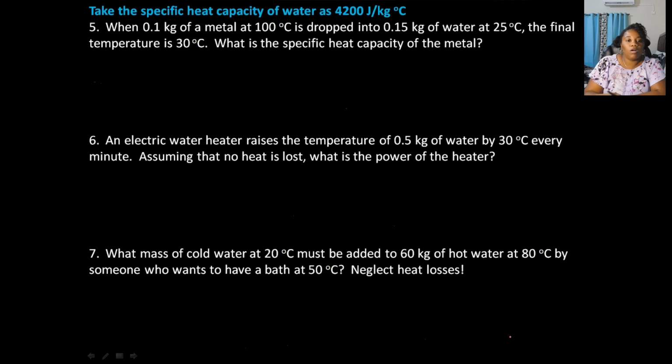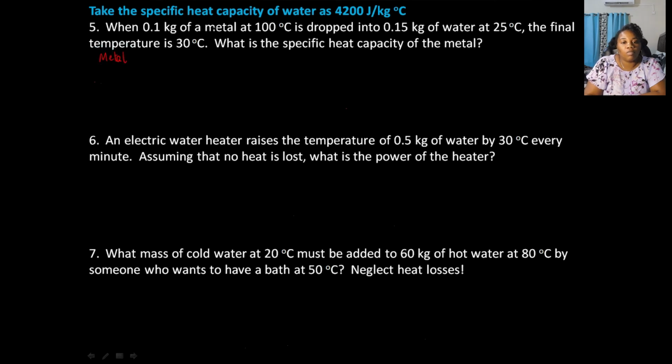When 0.1 kilograms of a metal at 100 degrees Celsius is dropped into 0.15 kilograms of water at 25 degrees Celsius, the final temperature is 30 degrees Celsius. What's the specific heat capacity of the metal? So this is again mixtures of metal.